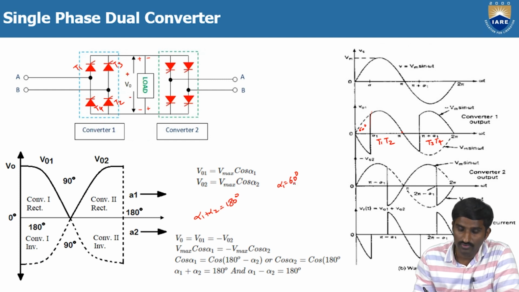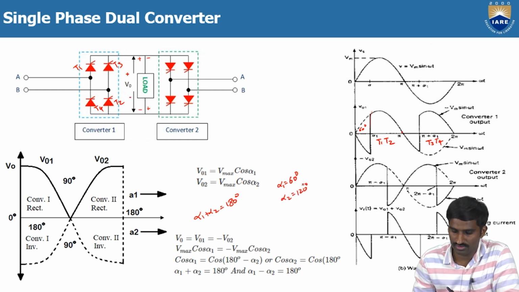Then if alpha 1 is 60, alpha 2 must be 120 degrees, or pi minus alpha 1. Let me consider this is alpha 1, and this firing angle must start from pi minus alpha 1.